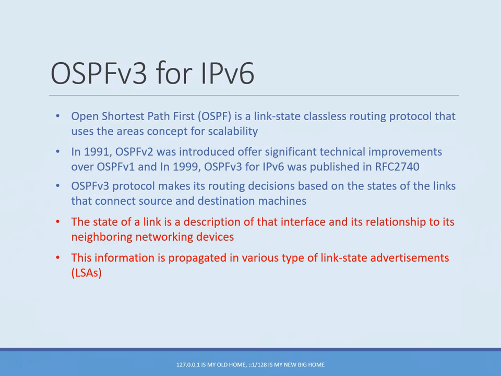This information is propagated in various types of link state advertisement, which is called LSA for short. So the LSA contains several pieces of information about the link state, like the IPv6 prefix, network mask, type of network it is connected to, the devices connected to that network, and other information.